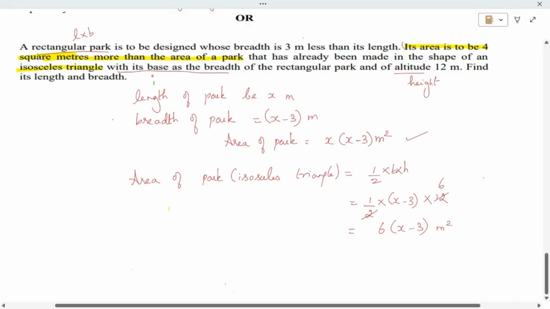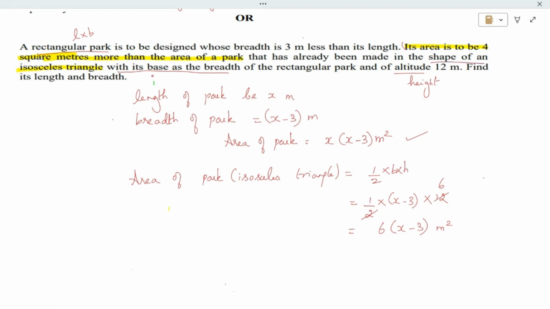Now come to the second part of the question, which has been highlighted in yellow. Its area is to be 4 square meter more than the area of a park that is in the shape of an isosceles triangle. So they have given me the clue, area of the rectangular park is going to be 4 square meter more than the area of the isosceles park.